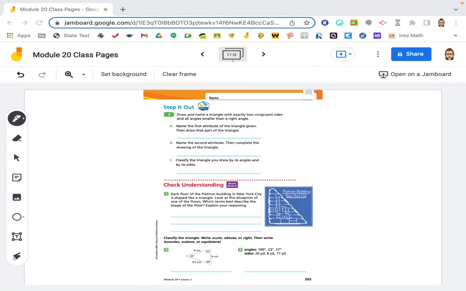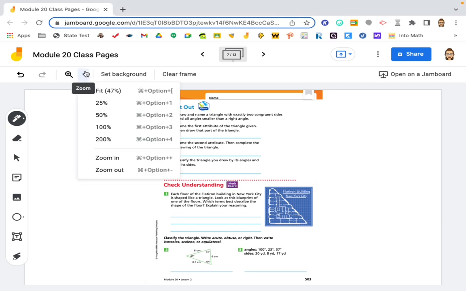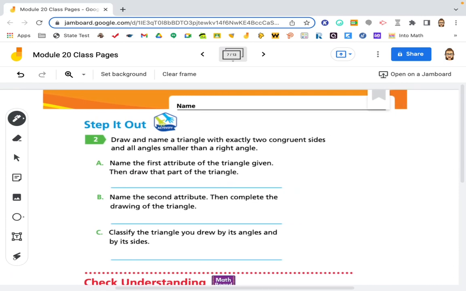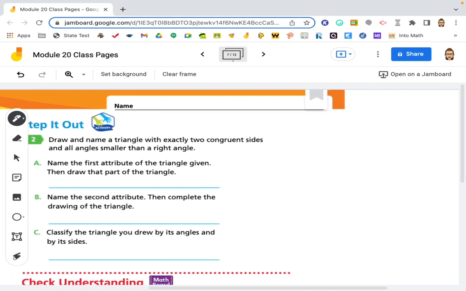Okay, it says draw and name a triangle with exactly two congruent sides and all angles smaller than a right angle. So we're going to draw this. Do my best.